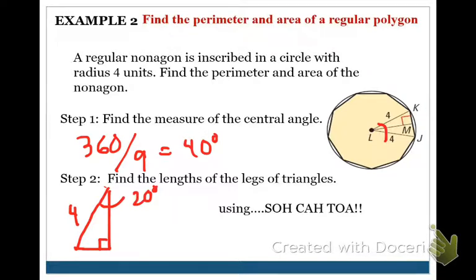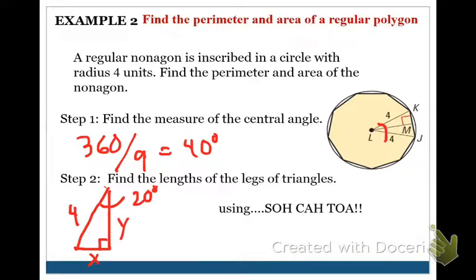Let's call this length x, and we'll call this length y. To find x, using SOHCAHTOA, we have the opposite and the hypotenuse. Which trig function are we going to use to find x?